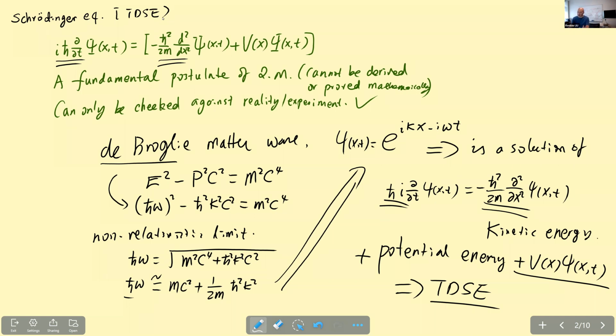This is not a derivation, but it gives us an understanding of how we can go from de Broglie's idea to guess this postulate in quantum mechanics, and then check it with experiments and see if it is correct or not. At this time we can say confidently that this equation has been tested many times, to probably the best precision that you can have in physics, and no conflicts have ever been discovered.